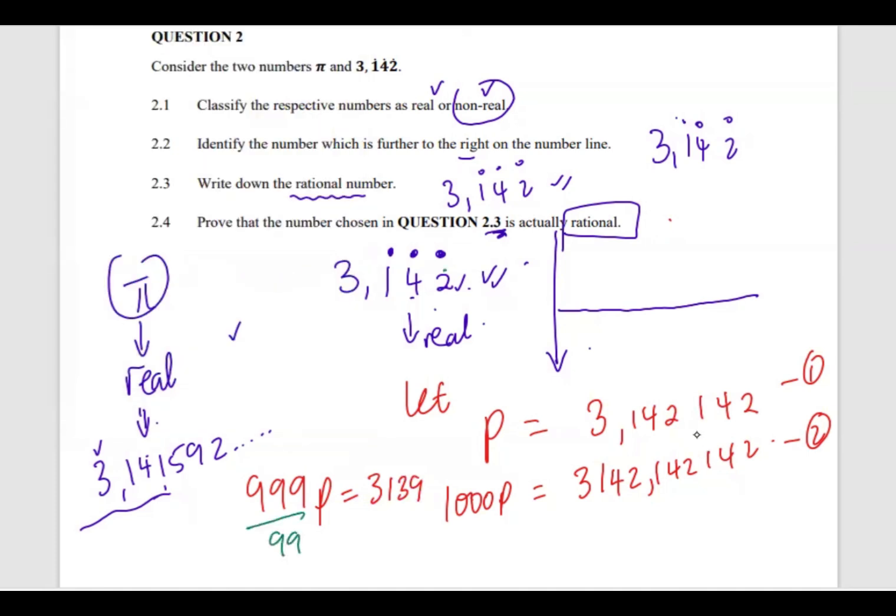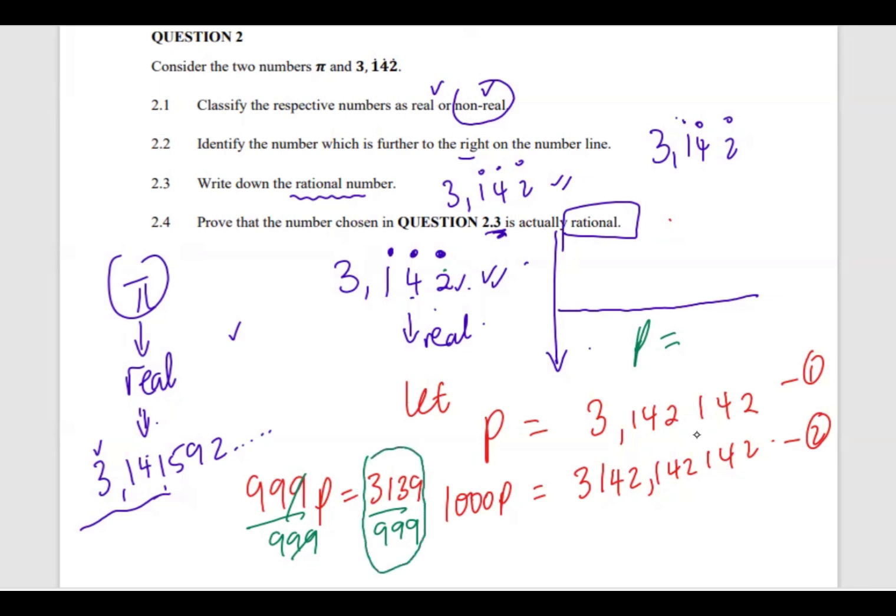So over 999 and then over 999. So this cancels that. And then my P becomes 3,139 over 999. I think I cannot simplify that further, so I'll just leave it like this.